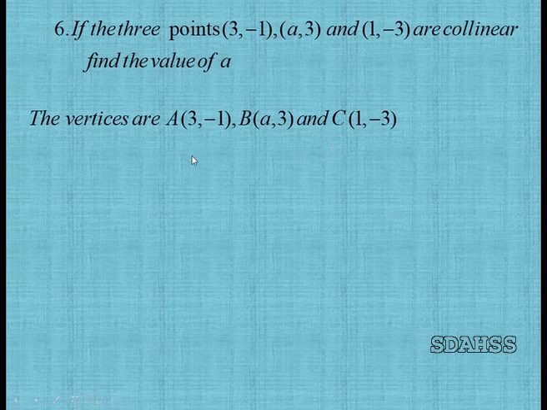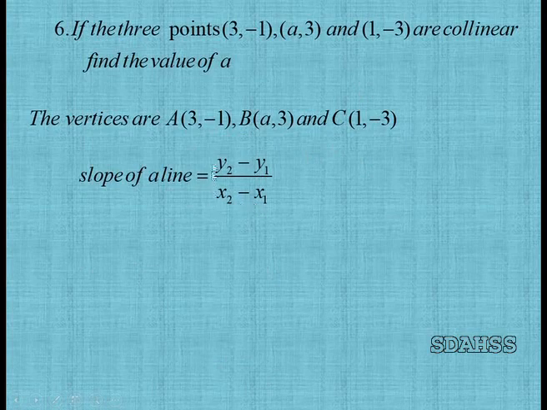Then find the slope. Slope is equal to, we know that y2 minus y1 divided by x2 minus x1. Here the points are collinear, so for that you have to find any two slopes, either slope of AB and BC, or BC and CA, or AB and AC.